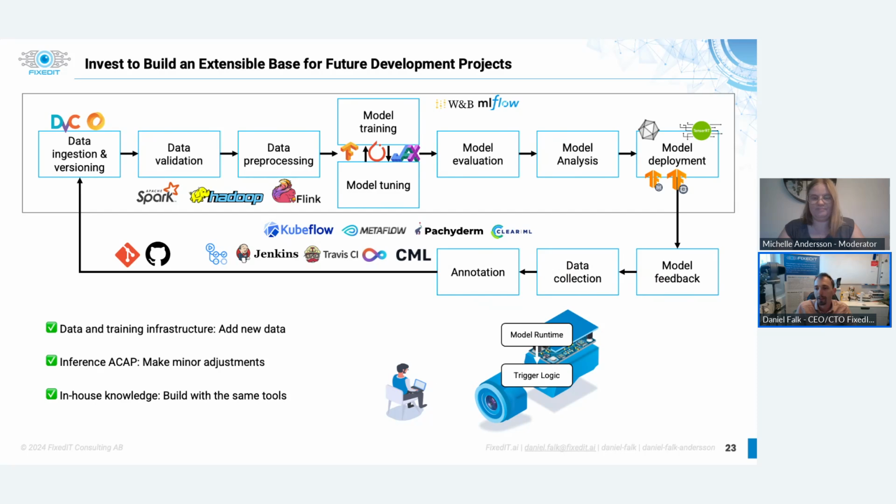In some cases, you might need to make some changes in the logic to how the application acts on the data from the model. That is typically also an easy thing to do. So just make a copy of your application, change these things, and now you have two different applications.